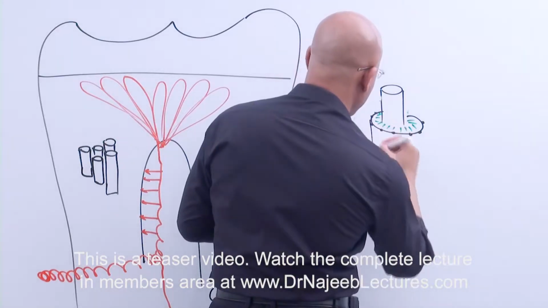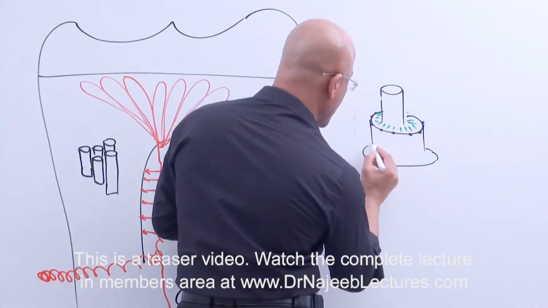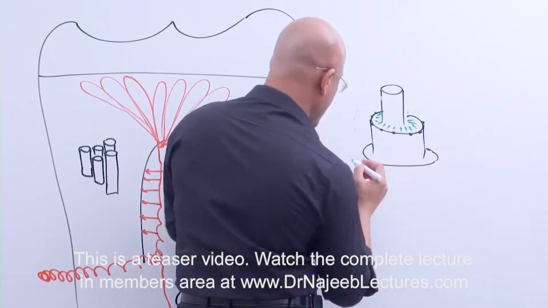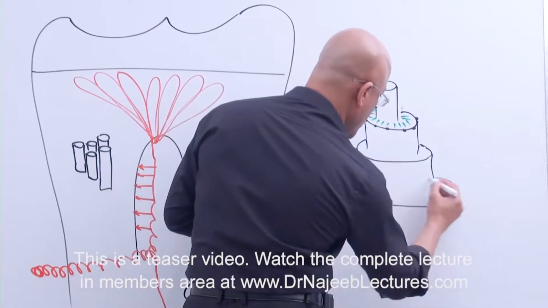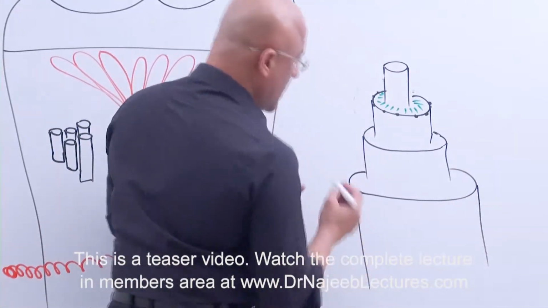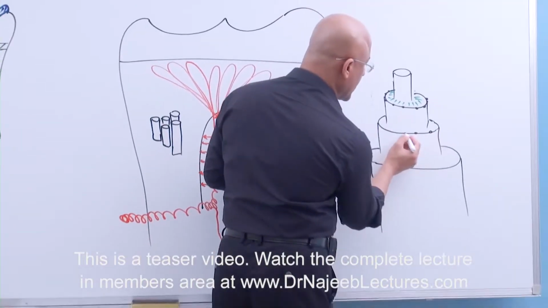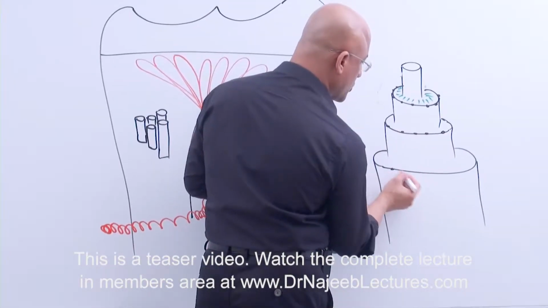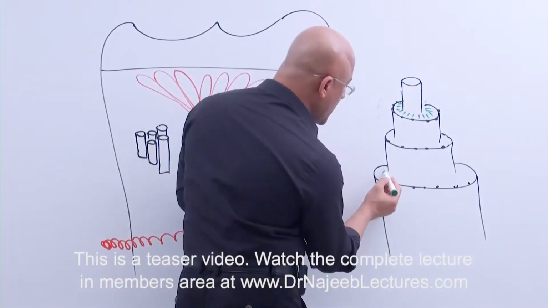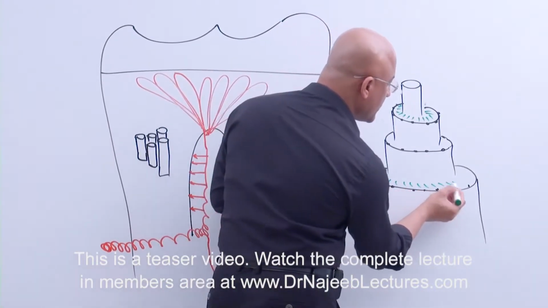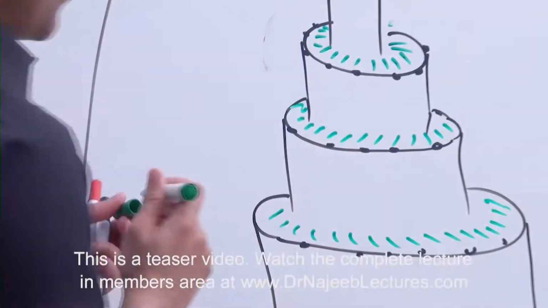Now, what is happening again? There are osteocytes here, embedded into bone minerals. There is calcium, phosphate, hydroxyapatite, you know these things, right?